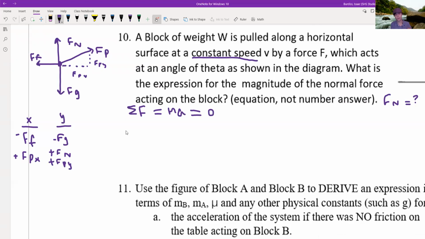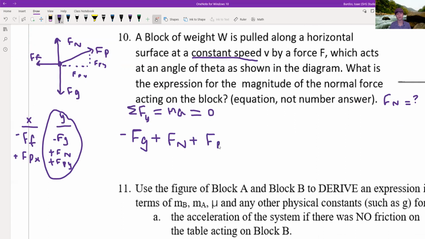Well, now we need to put all of our forces together, but we're doing the normal force, and the normal force is in the y, so we only sum the forces in the y. We don't do all of them, only the y ones, because what we're asking for is a y one. So we do negative Fg plus Fn plus FPY equals 0.